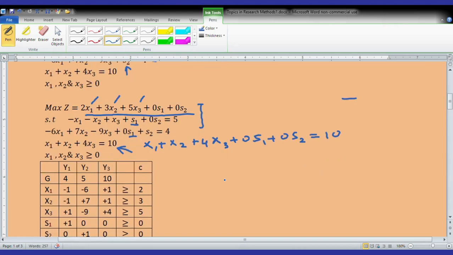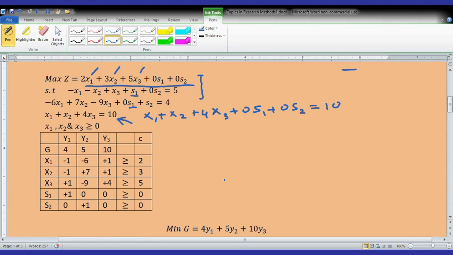This is what we are doing, and there are a few things that you need to keep in mind for this conversion of primal into dual. Let me write it here.